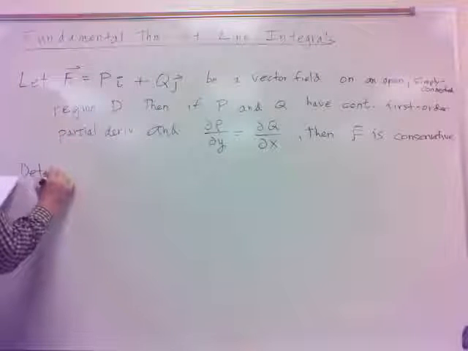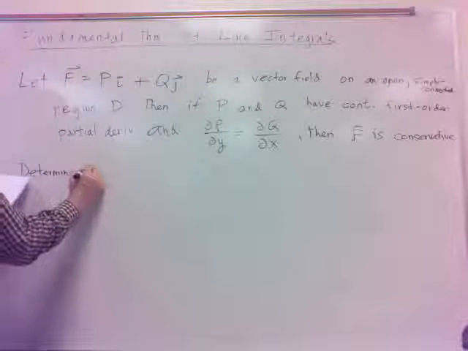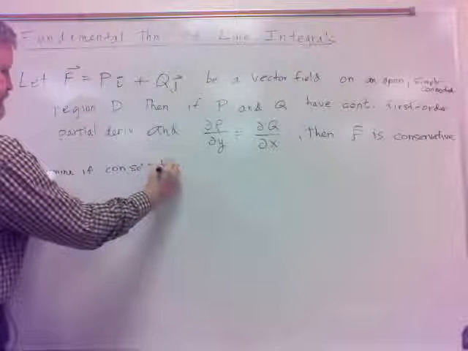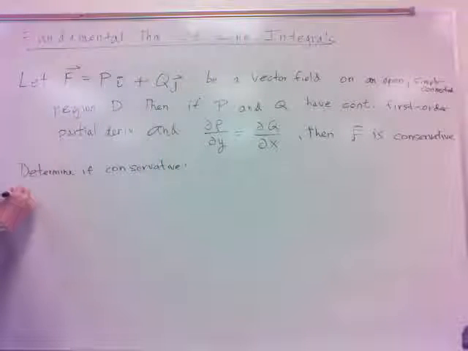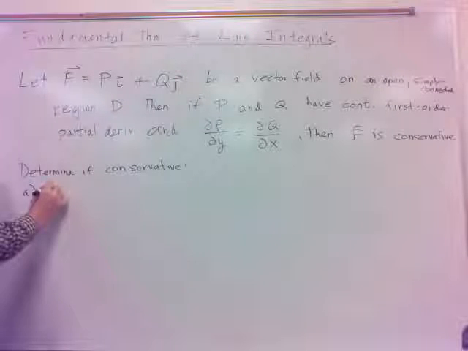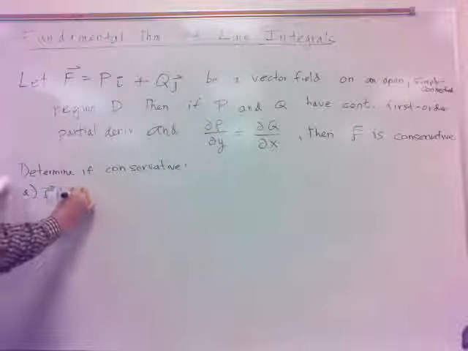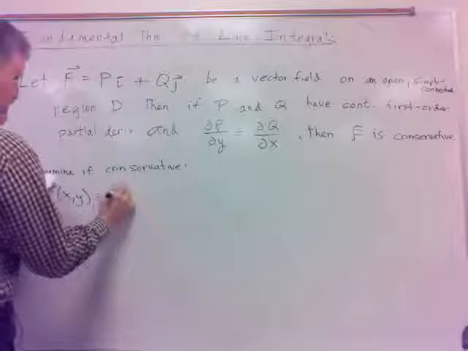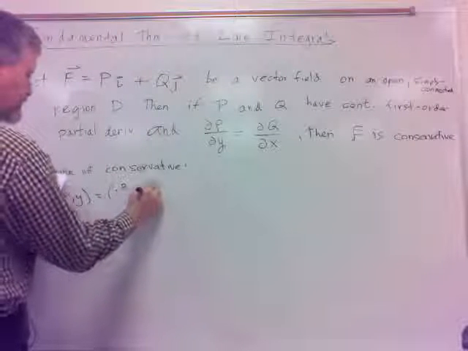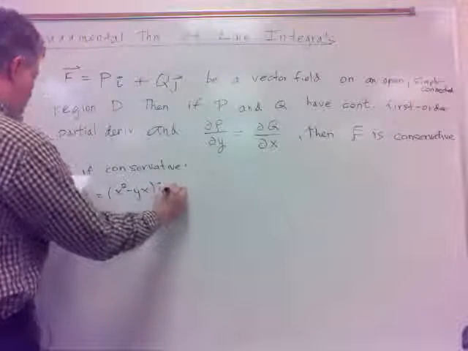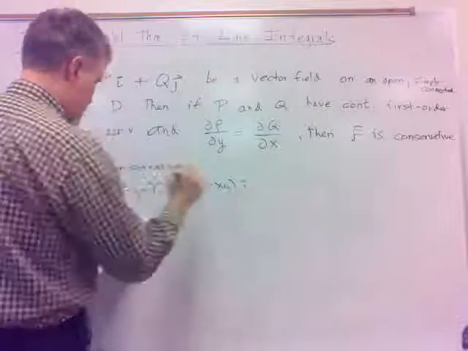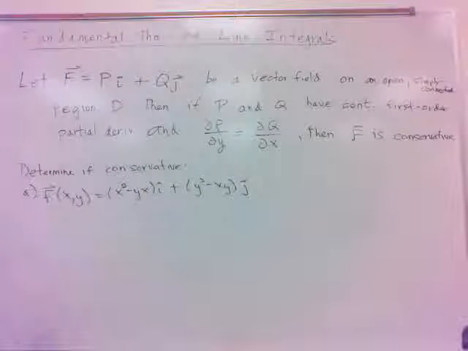A couple of these are conservative. The vector field F of x, y equals x squared minus yx i plus y squared minus xy j.